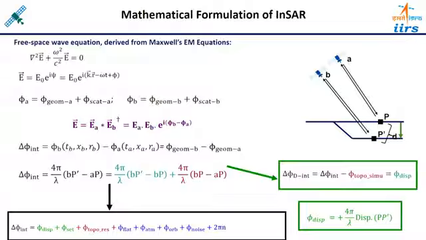Then the orbital phase, this is another phase component. The satellite is transmitting the signals. Suppose the signal was transmitted from satellite position A, at that time the satellite position should be known very precisely.